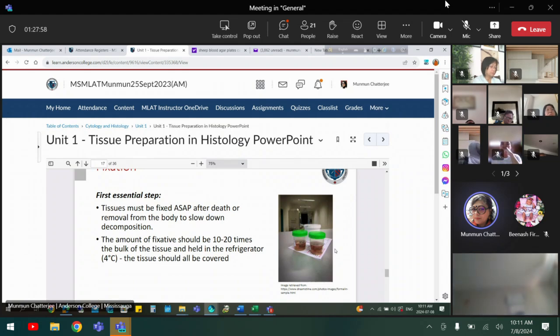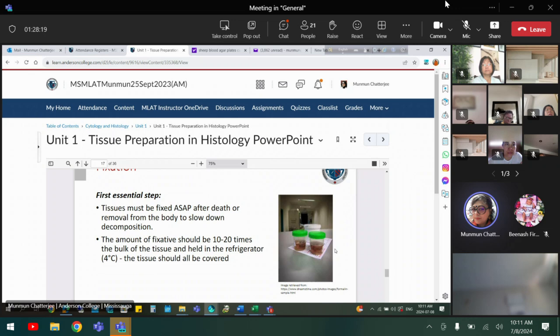They are not getting an energy source to keep them alive, so ultimately they start to rot. So you have to fix ASAP after death or removal from the body to slow down decomposition.